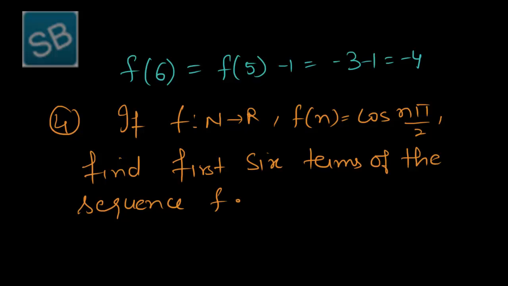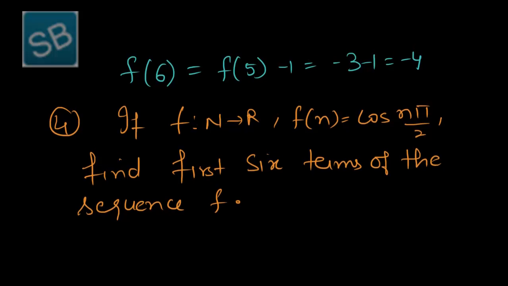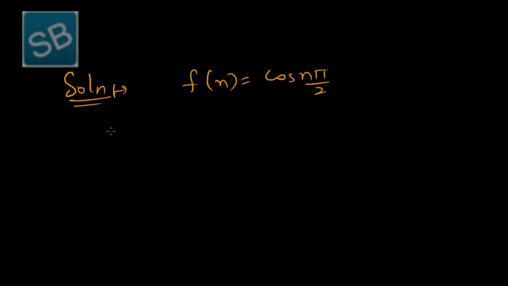Now we have to find first 6 terms of sequence f of n is equal to cos n pi by 2. So f of 1 is cos pi by 2. Cos pi by 2 is 0.